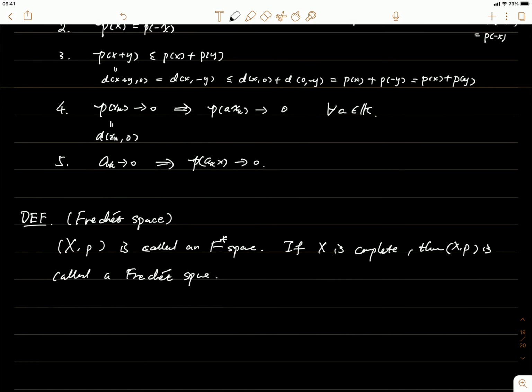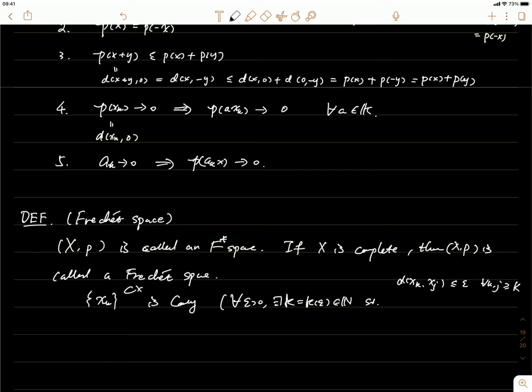So to be specific, what I mean by complete is that if I have a sequence x_k in X that is Cauchy, meaning that for any epsilon, there exists some capital K, which depends on epsilon, such that the distance, originally in the metric space it should be d(x_k, x_j), is less than or equal to epsilon for any k and j greater than or equal to capital K, right?